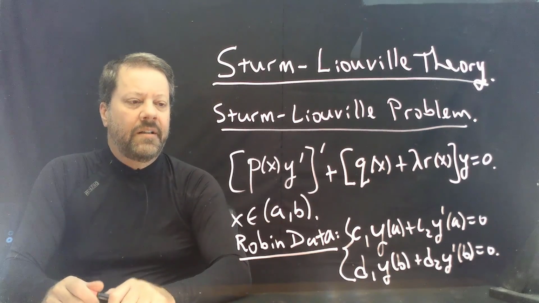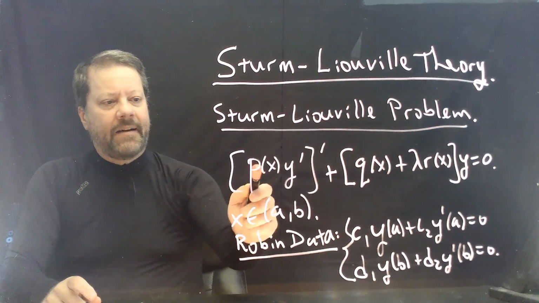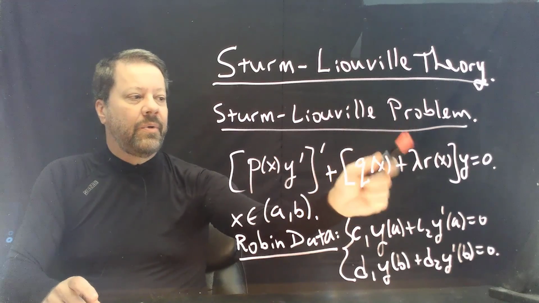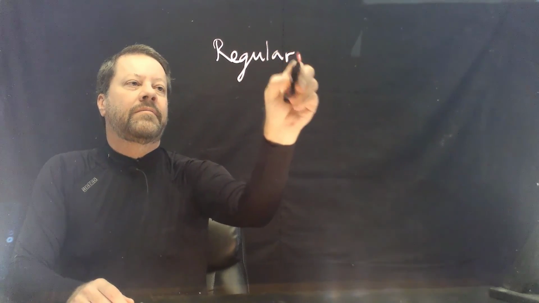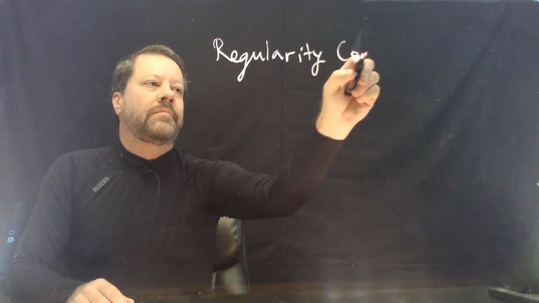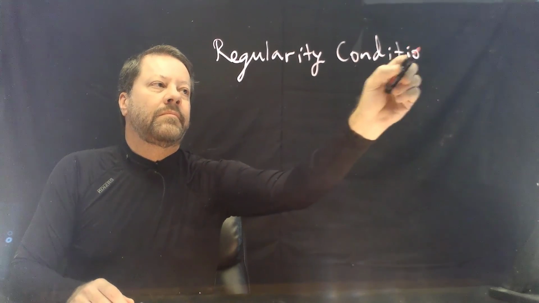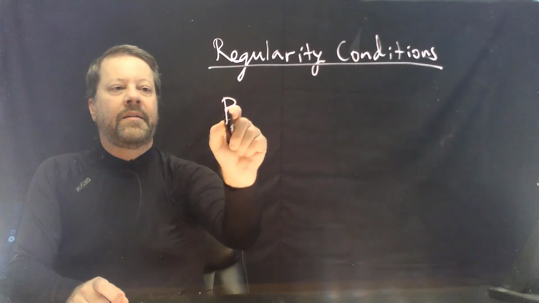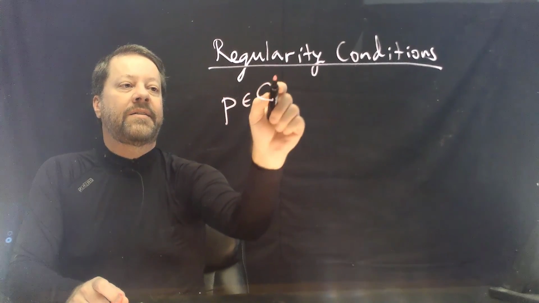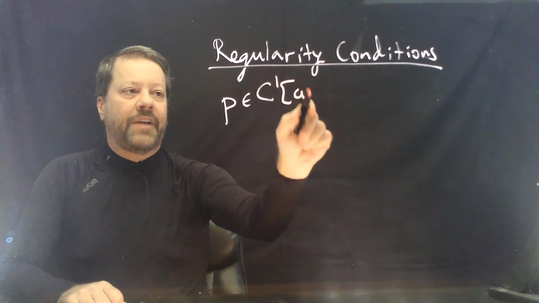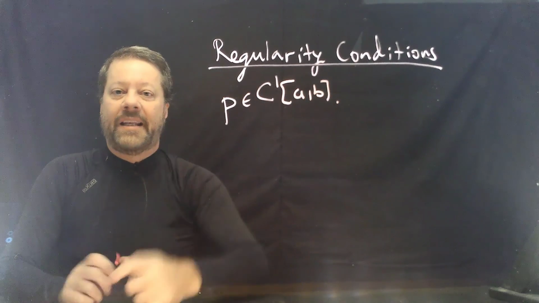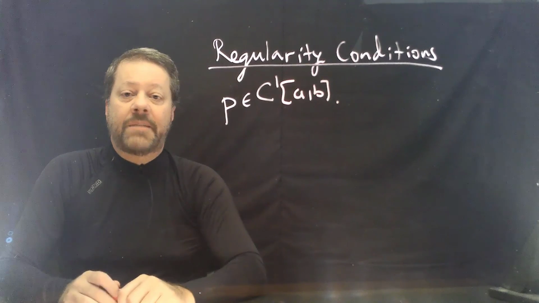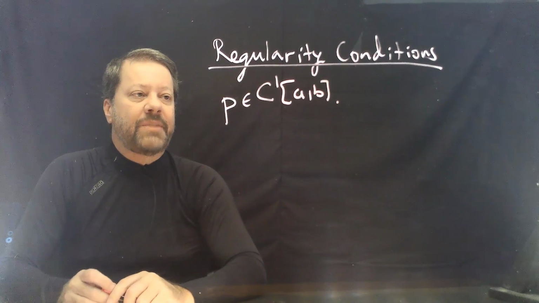In addition, we need to assume something about the regularity of the functions p, q, and r. For regularity conditions, we'll assume that the function p is C1 on the closed interval AB, meaning that the function p must be differentiable and its derivative must be a continuous function.